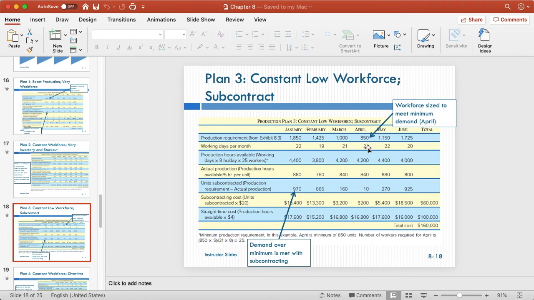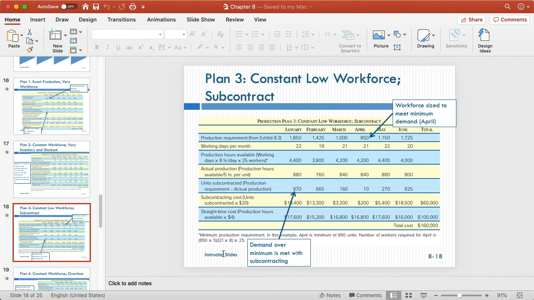And for every worker, the regular working hours per day is 8 hours. So what is the total working hours? It's 21 times 8. So you use 850 times 5 divided by the product of 21 and 8 to get the corresponding number of workers.